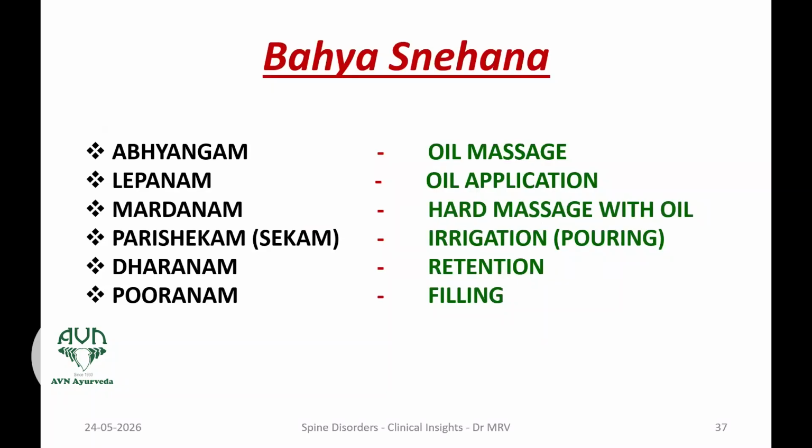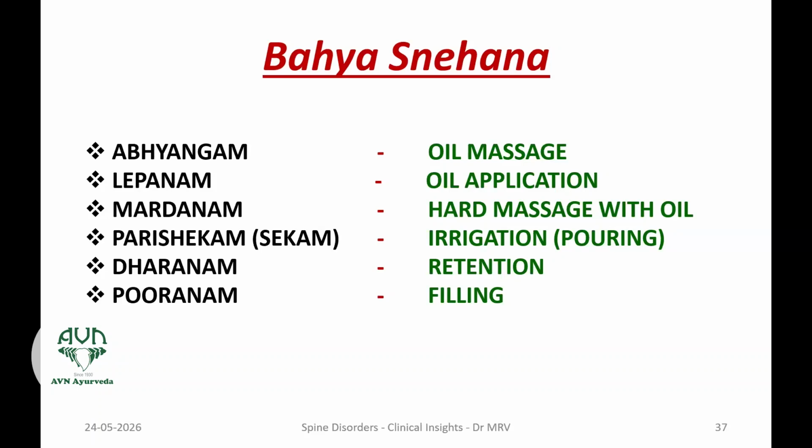Then usually Abhyangam, Levanam, Mardanam, Parishegam, Tailathara, Sneha, Haranam, Puranam. We usually in Kerala do Griva Vasti, Kadi Vasti, all these things in patients with chronic degenerative diseases. We usually use Anandra Dailam plus Patajikadi Dailam.